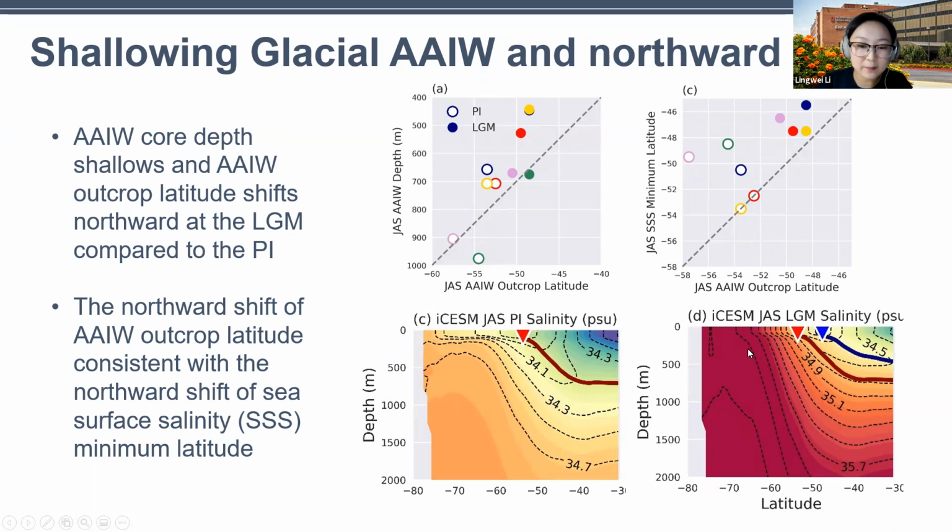Because AIW originates from the sub-Antarctic surface ocean and ventilates northward into subtropical oceans at mid-depths, it is reasonable to propose that the shallowing AIW depths at the LGM can be driven by the northward shift of the entire AIW and the northward shift in sea surface salinity minimum.